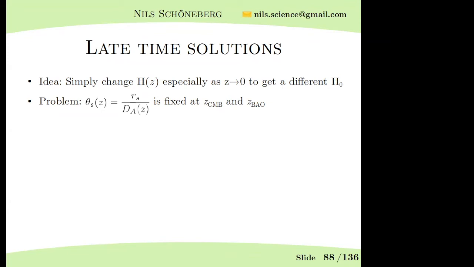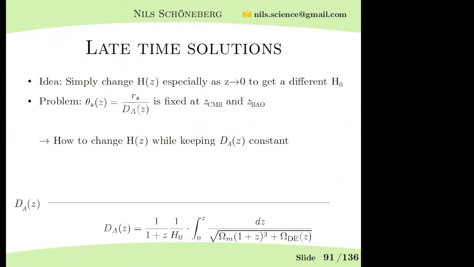Now you're changing H(z), which means that you're also changing the angular diameter distance. This is not varied in late time solutions, so you cannot vary it either if you don't want to screw up CMB and BAO. So then you suddenly have this problem of how to change H(z) while keeping dA(z) constant.